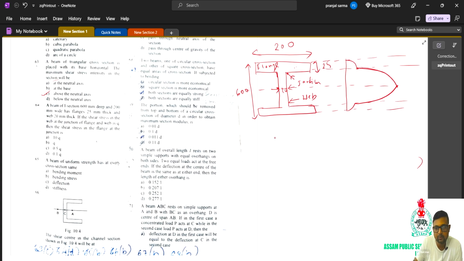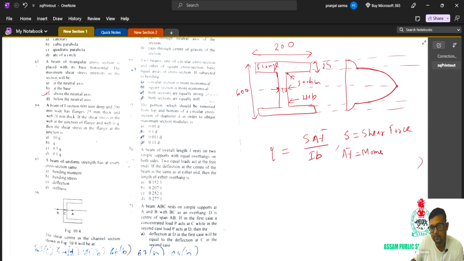Now, what is the shear stress formula? Q is what? S A Y by I B. S is what? Shear force. A Y is what?